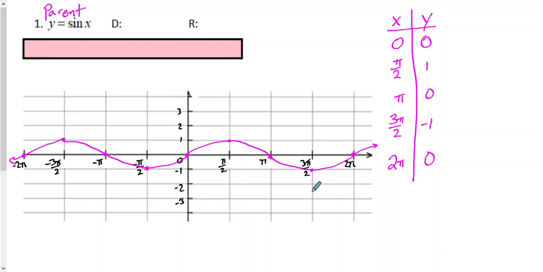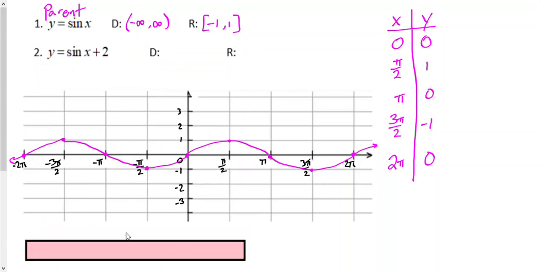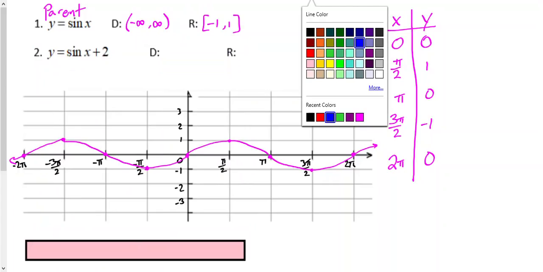Okay, so in pink here we have our parent function y equals sine of x. We already know its domain goes from negative infinity to positive infinity. We already know its range goes from negative 1 to positive 1. So what happens when we make some transformations to it? Our first one's going to be pretty straightforward. We have y equals sine of x plus 2.